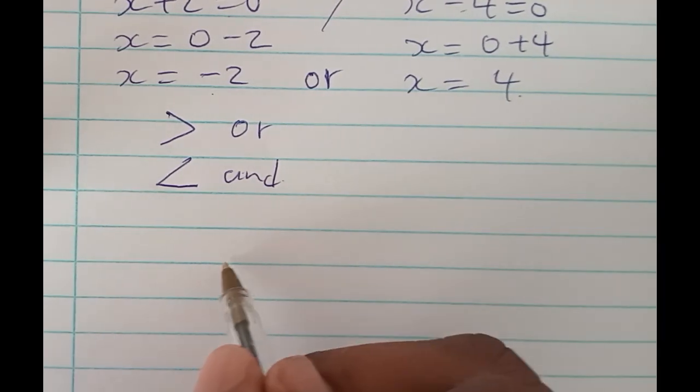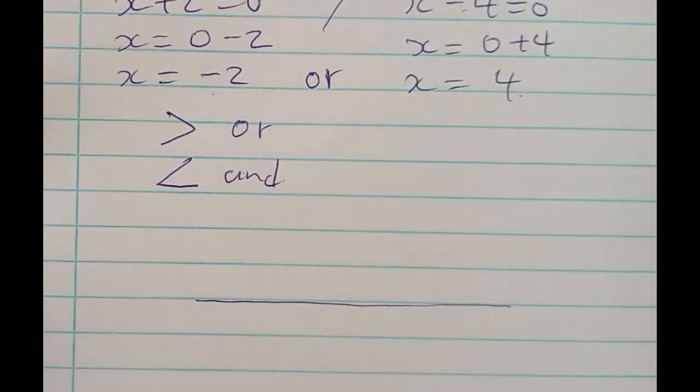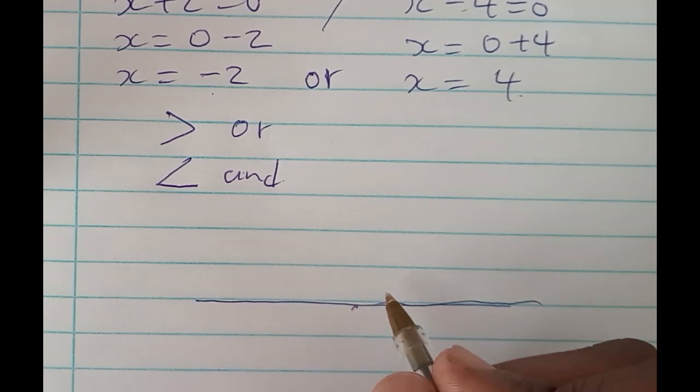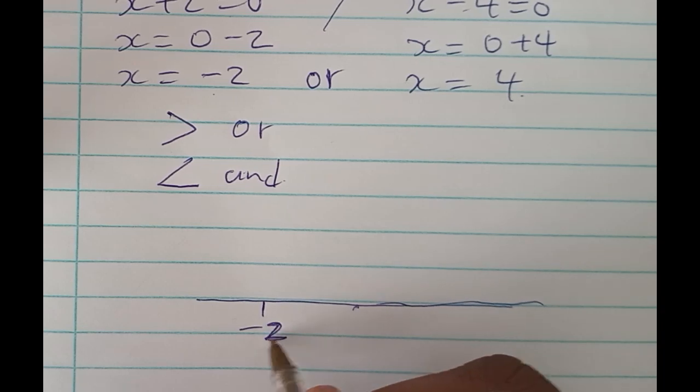Remember, when you draw a Cartesian plane, on your x-axis, negative will be this side, positive will be this side. In the middle here, it will be 0. So now we have negative 2, which means it will be here.